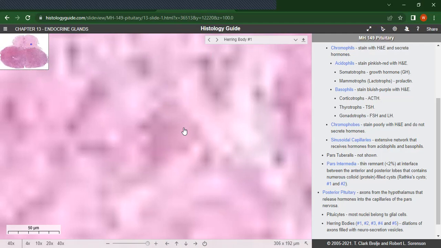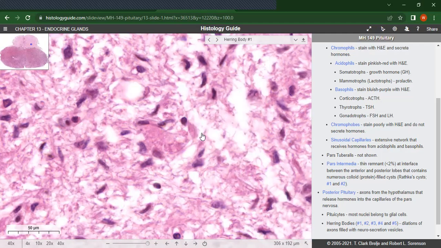Herring body, I said, is the terminal end of the axons, which usually stores the hormones, and it is filled with neurosecretory vesicles. Those neurosecretory vesicles contain the hormones oxytocin and ADH, antidiuretic hormone or vasopressin.